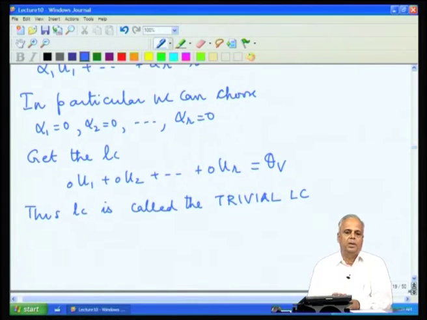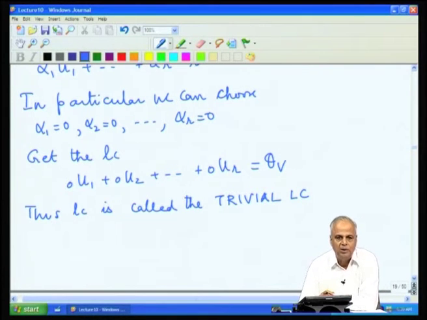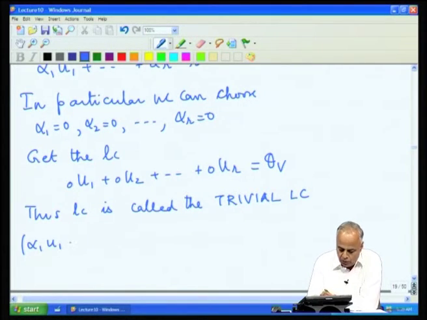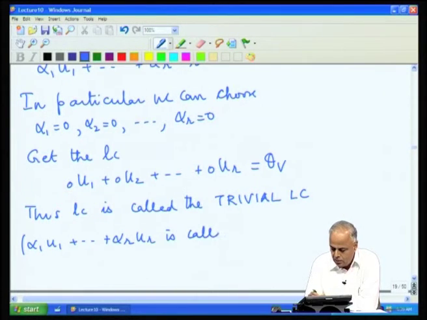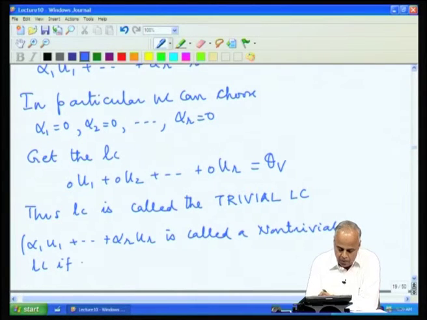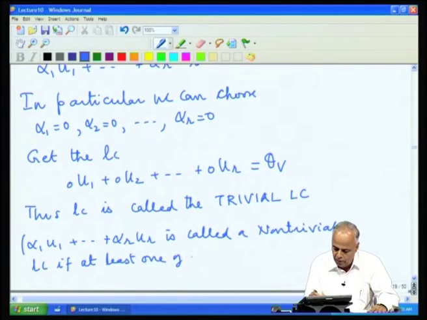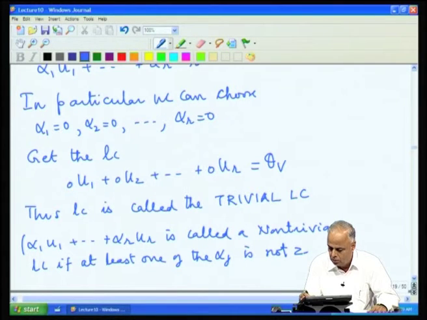It is the linear combination in which all the coefficients are 0. So, a linear combination is said to be a non-trivial linear combination if at least one of the coefficients is not 0. So, alpha 1 u1 plus up to alpha r ur is called a non-trivial linear combination if at least one of the alpha j is not 0.